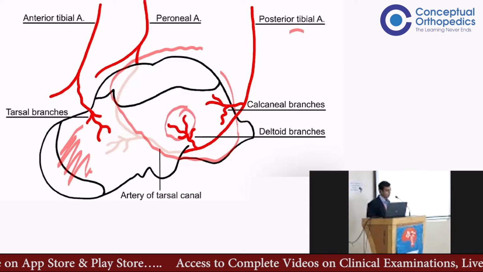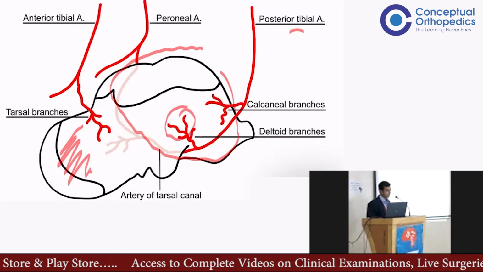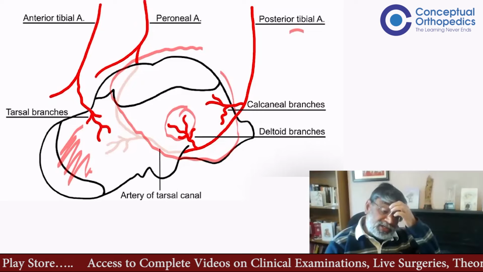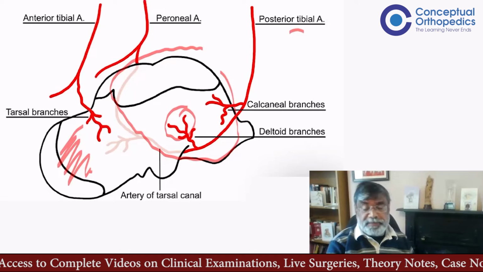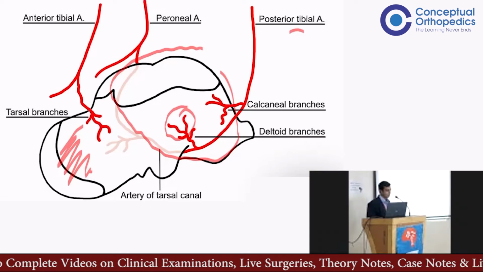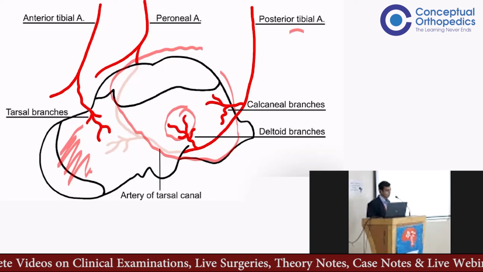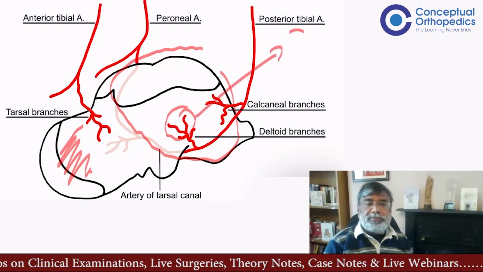And from the lateral side, your peroneal artery gives the artery of the sinus tarsi, and together they anastomose in the canal. Do you know the importance of this deltoid branch?